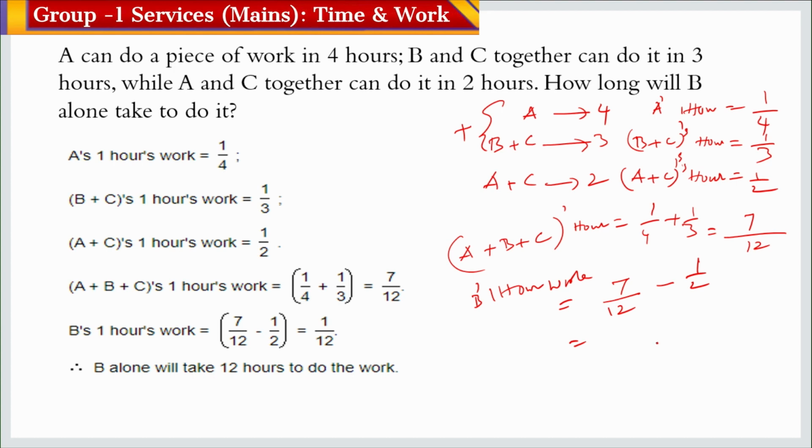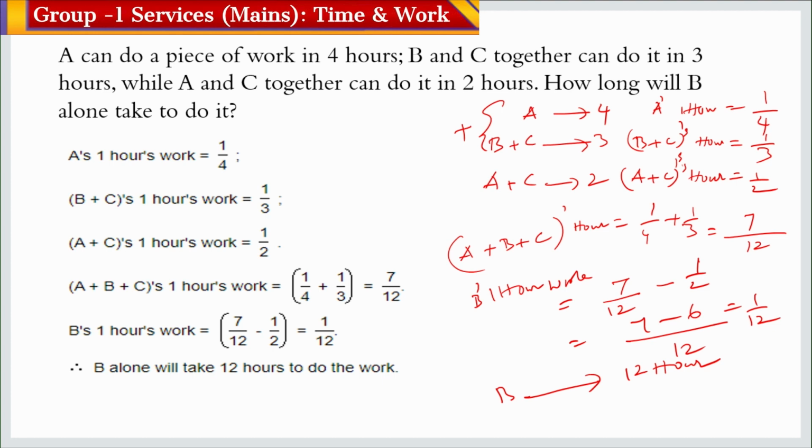LCM is 12: 7 minus 6, 1 by 12. Means B can complete that work, reciprocal of this one, that is 12. B can complete that work in 12 hours. Do you understand? See how simple the calculation is. A can do the work in 4 hours, means A's 1 hour work is 1 by 4.